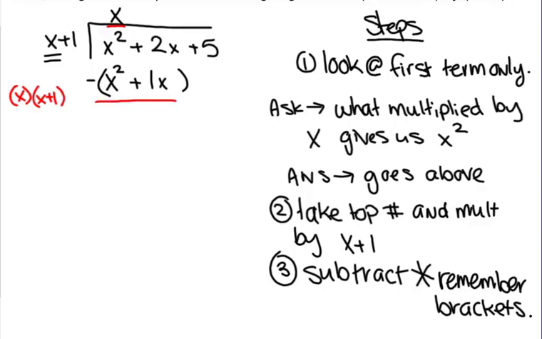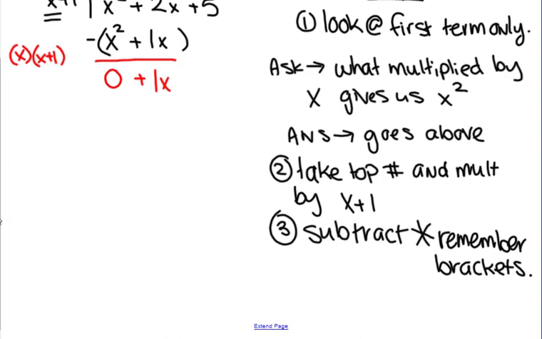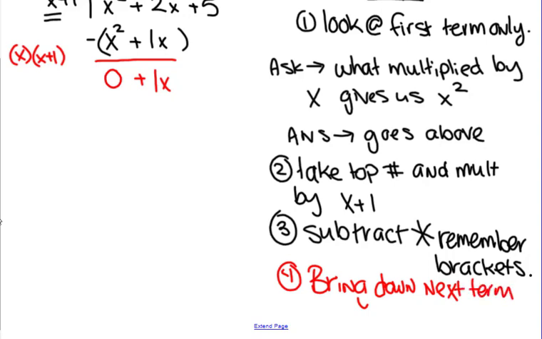X squared subtract x squared is 0. 2x subtract 1x is 1x. And then our last step is bring down the next term and repeat.